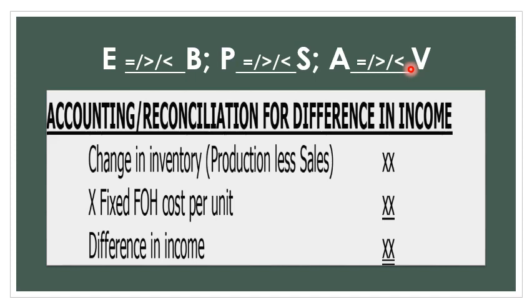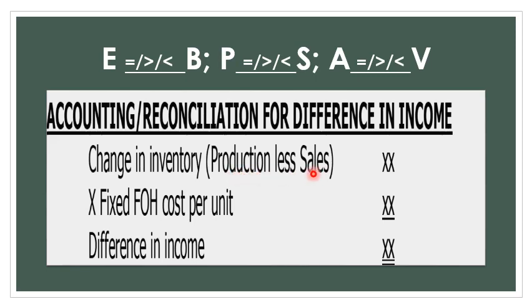So, for the accounting or reconciliation for difference in income, we have change in inventory. Kung mapapansin nyo, doon sa paliwanag kanina sa production and sales, okay, sa difference in income, binabanggit lagi yung change in inventory. So, paano nakukuha yung change in inventory? Ang gagawin natin is, we subtract the sales dun sa production or production less sales.